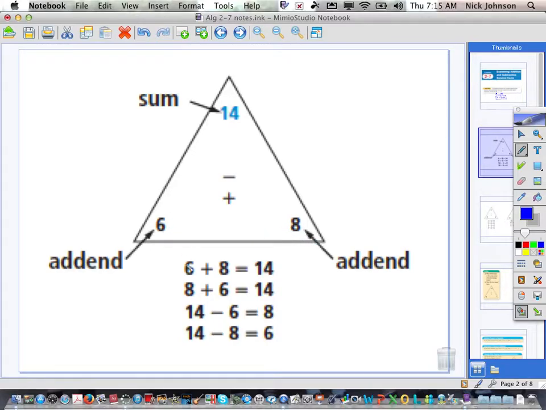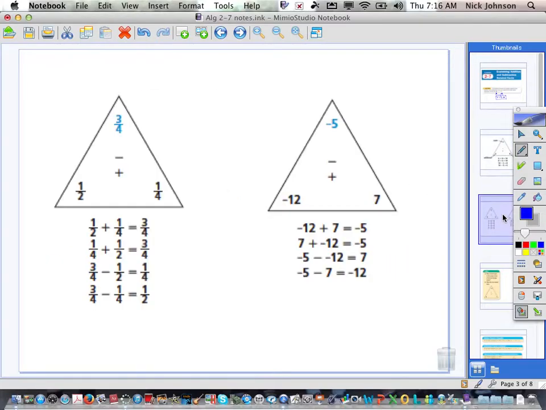So for instance, they said 6 plus 8 gives me 14. 8 plus 6 also gives me 14. 14 minus 6 gives me 8, and 14 minus 8 gives me 6. Okay, that's how the triangle works.